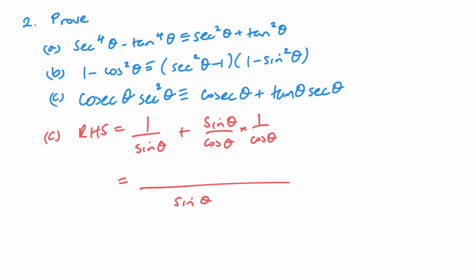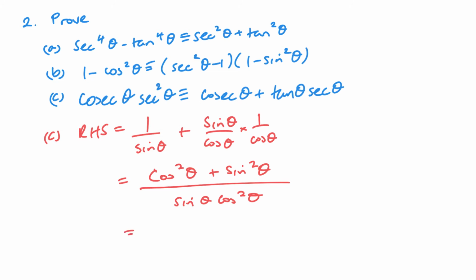I know this has to be over sine theta cos squared theta. So cos squared theta plus sine squared theta. And you can double check, cos squared over this would give me 1 over sine theta, and sine squared over this, one of the sines will cancel, giving me sine over cos squared theta, so it is the same.